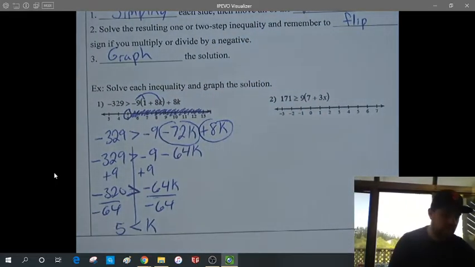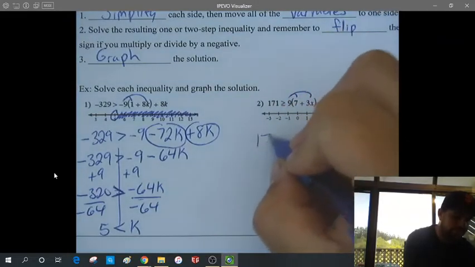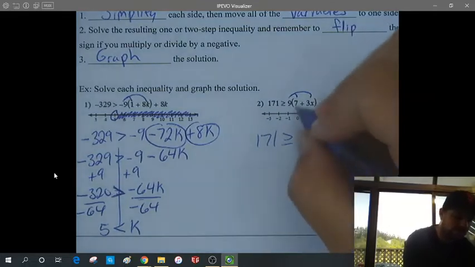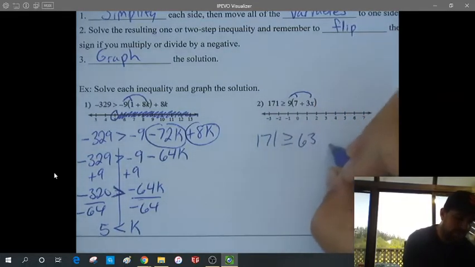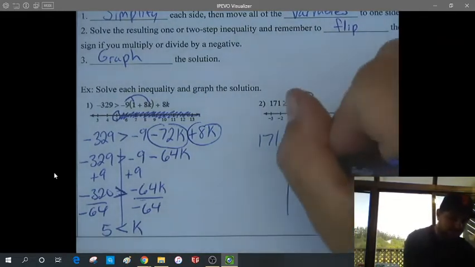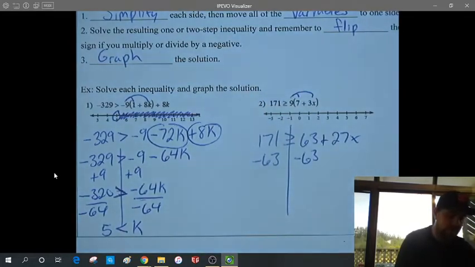Okay. Number 2, distributive property to take care of first. 171 is greater than or equal to 9 times 7 is 63, plus 9 times 3x is 27x. Variable's just on one side, so solve this two-step inequality. Subtract 63 from both sides.